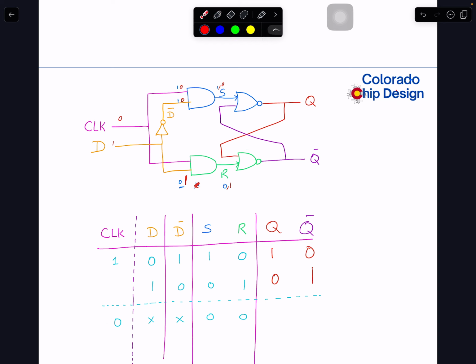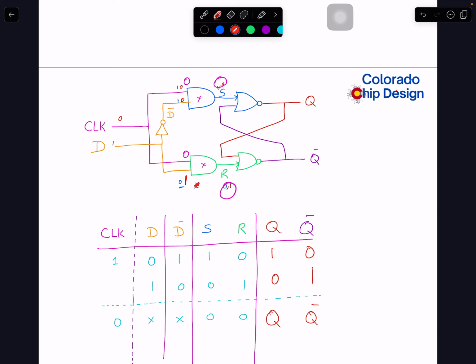Now when the clock is 0, both AND gates are disabled. Here we have 0, and here we have 0. We have 0 and 0. And with an SR latch, what happens when you have 0, 0? We just studied it: we will maintain the previous state.